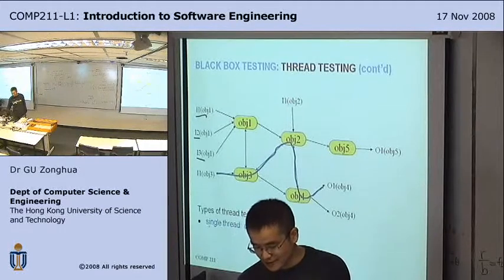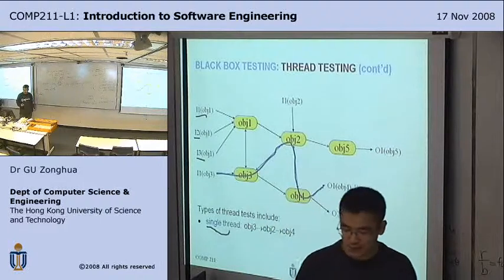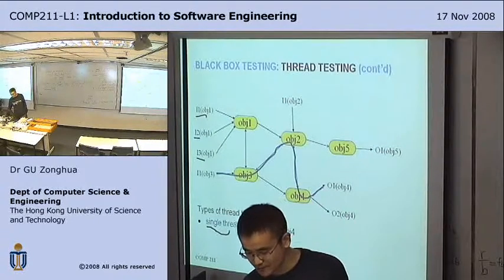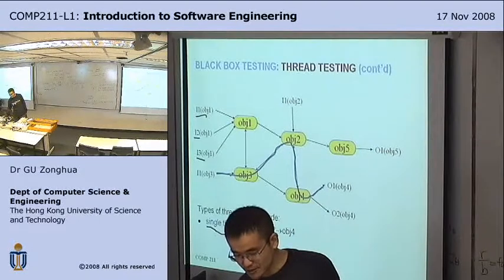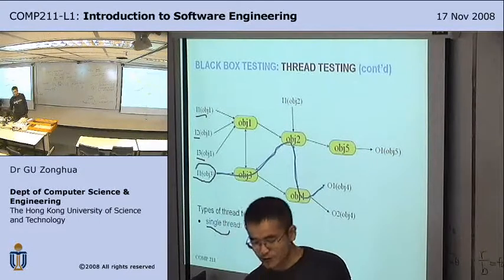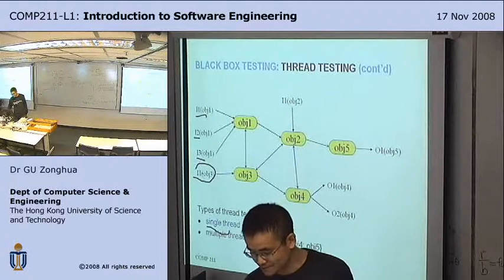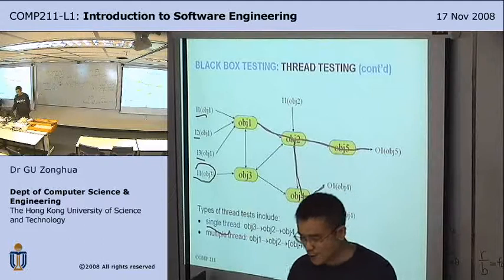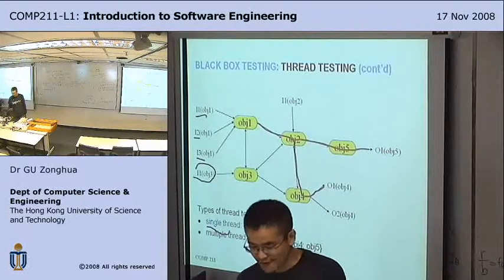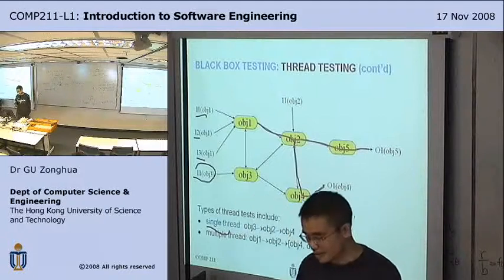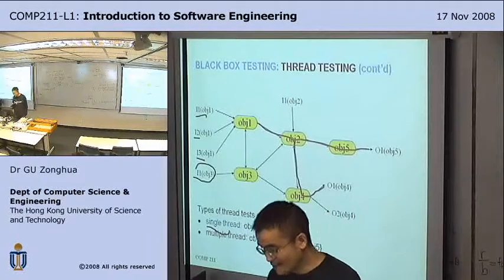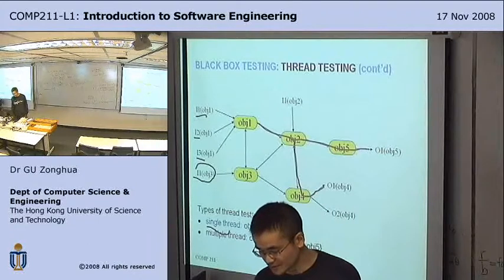The types of thread tests you should conduct include single thread, where you pass in the input 1 and observe the system behavior that happens while the events propagate through the system to the output. And multi-thread, where a thread forks off 2 branches. From object 2, you go off to object 4 and 5. This is typically done with operating system calls to create new threads.